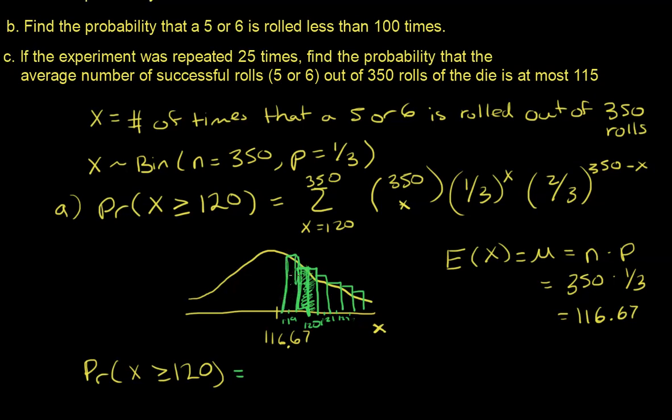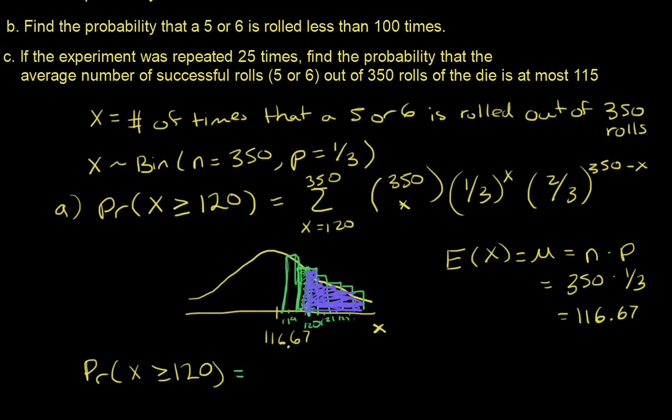Okay, we want to find the probability that x is greater than 120. So greater than 120 would be over in this direction. Notice I only am going up to the 120 line, but I want to fill in all these blocks that are greater than.